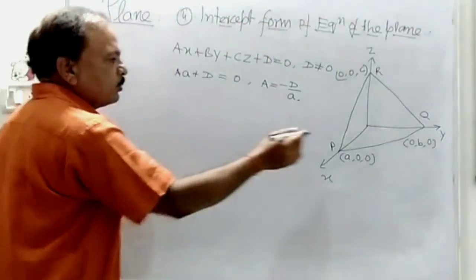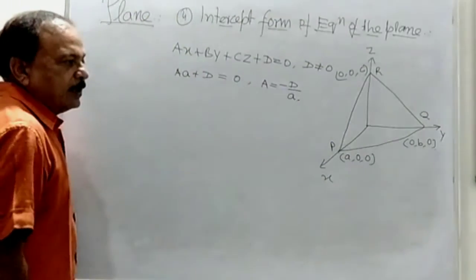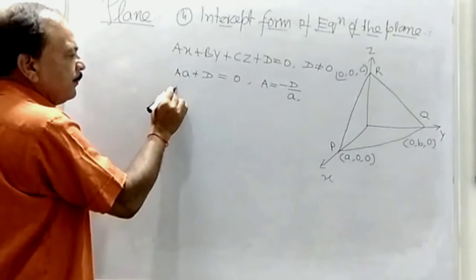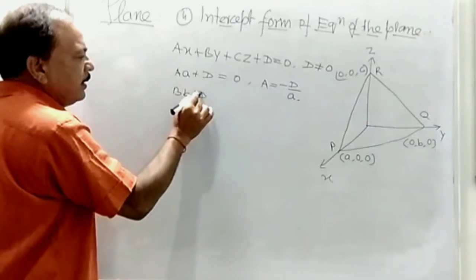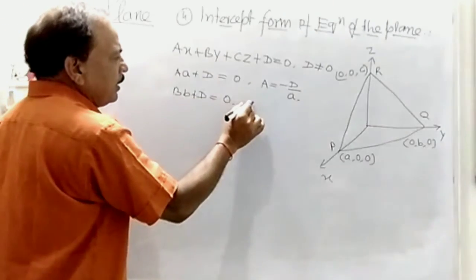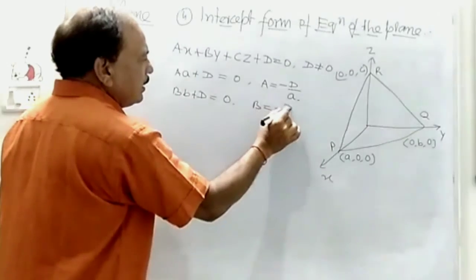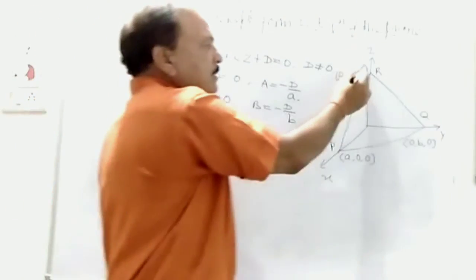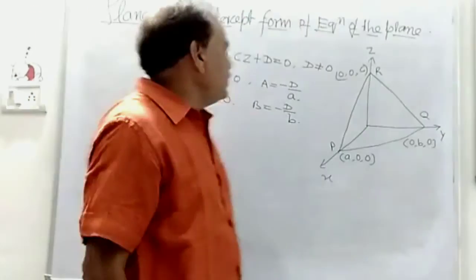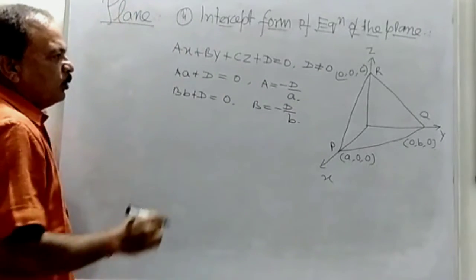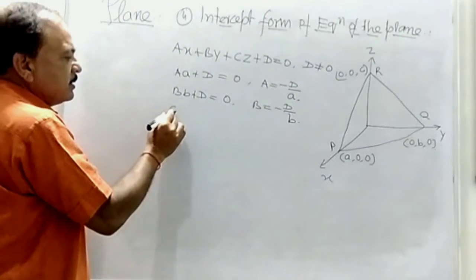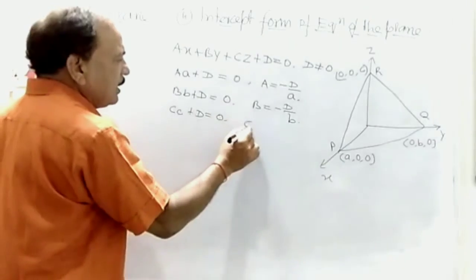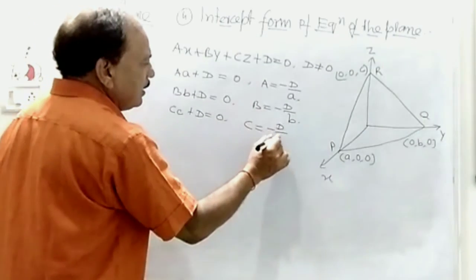Similarly, it makes the intercept on y-axis, then you get bB plus d equal to 0. It means that B equal to minus d by b. And it passes through the z-axis and makes the intercept C, so the other coordinates will be 0, that is cC plus d equal to 0, so that you can write C equal to minus d by c.